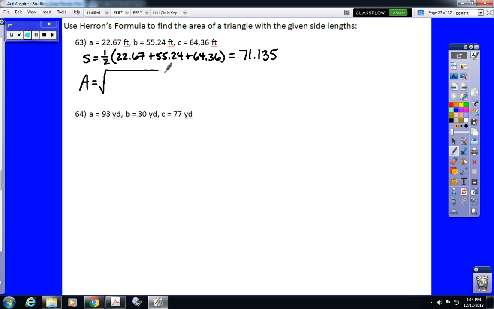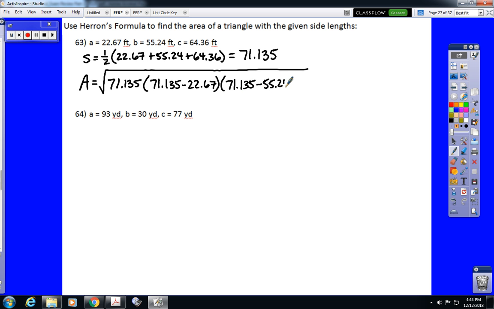So this is going to be a rather long expression. 71.135 times 71.135 minus 22.67 times 71.135 minus 55.24 times 71.135 minus 64.36. Again, we're just feeding that to the calculator exactly as it reads. Don't even worry about how long it is. It's not important.